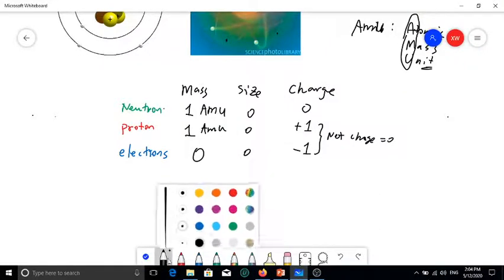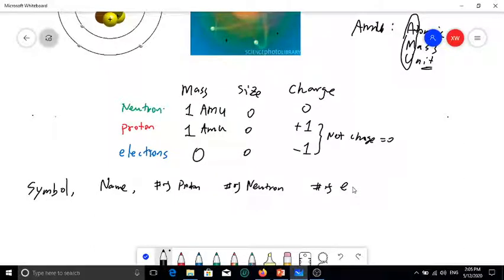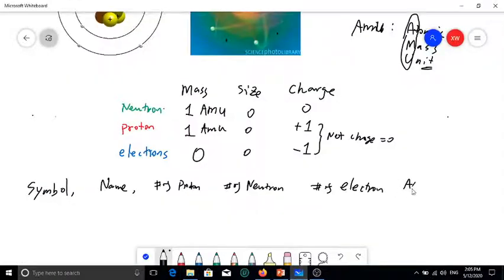For instance, if you are given any element, you have to know the symbol, the name, the number of protons, the number of neutrons, and the number of electrons. Also, the periodic table will give you the atomic number and atomic weight.